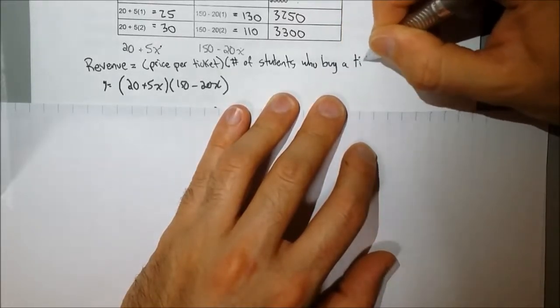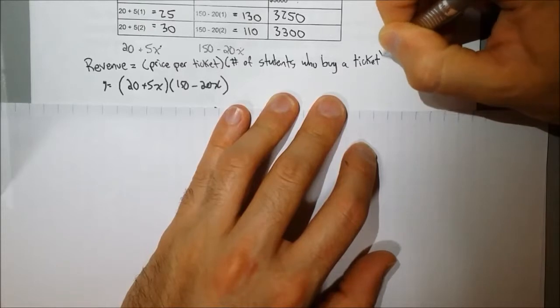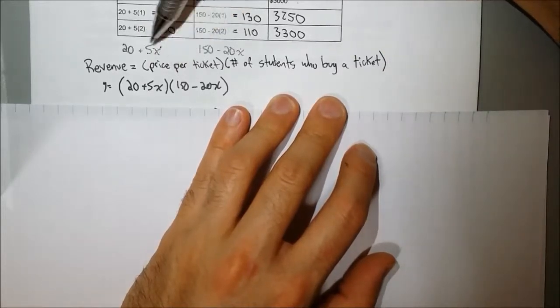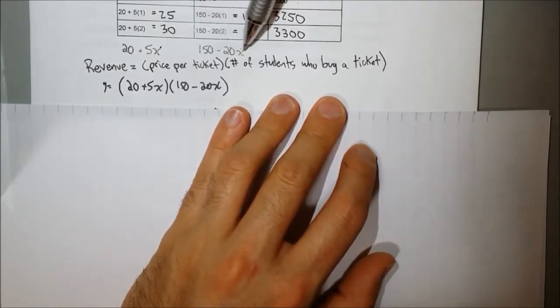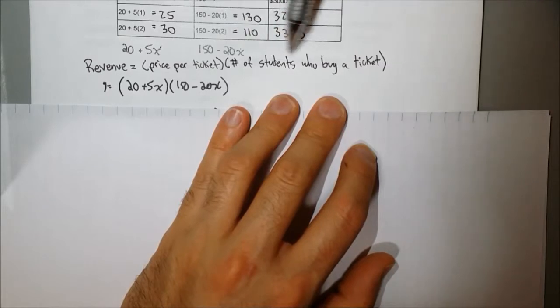Okay, so I actually have these expressions like 20 plus 5x, well, that is the price of a ticket. And 150 minus 20x, well, that is the number of students who are going to buy a ticket.